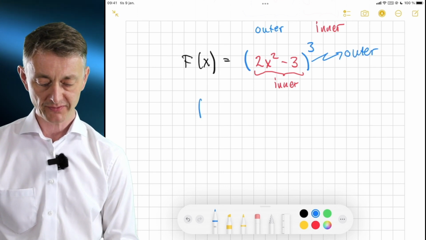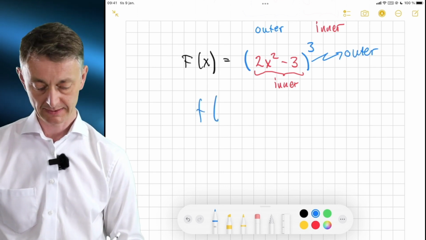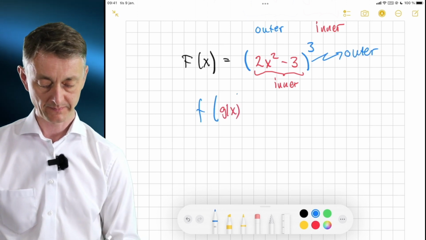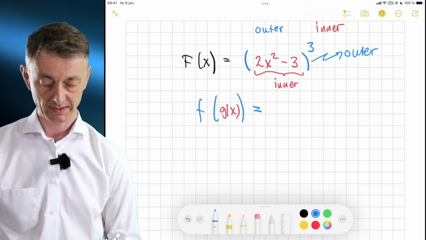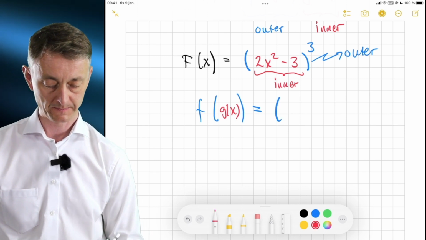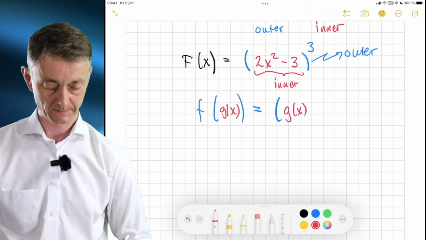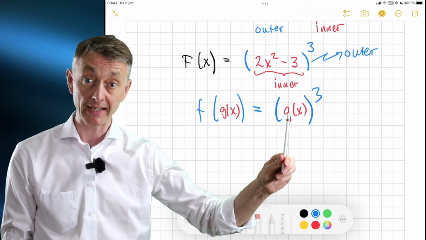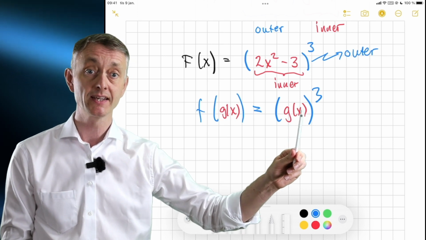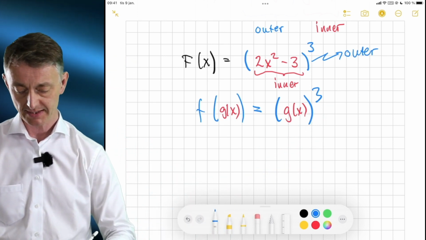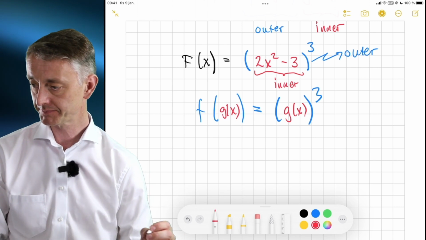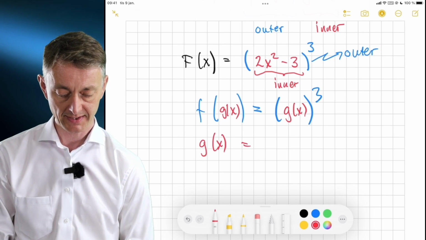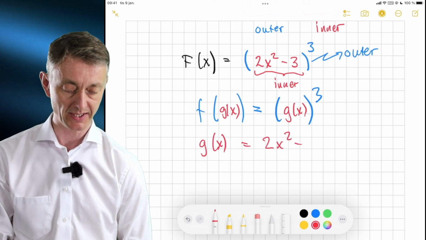So f of g of x is equal to this. That is simply the value of g evaluated as x to the power of 3. And then the inner function g of x is 2x squared minus 3.